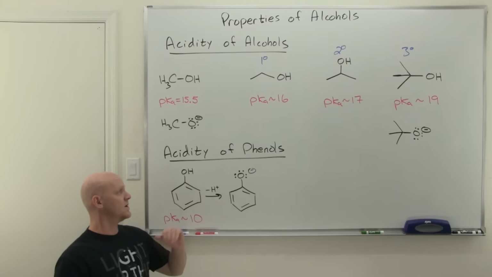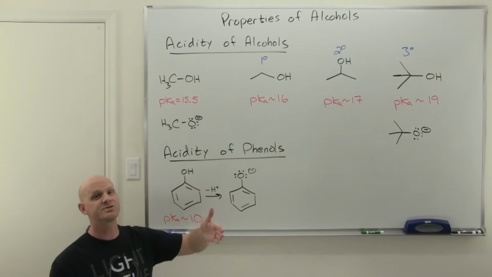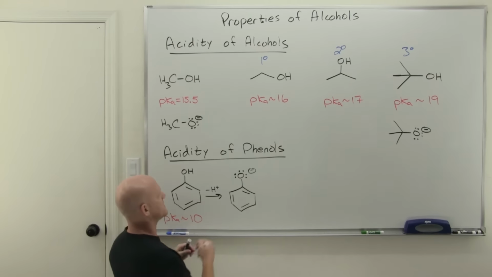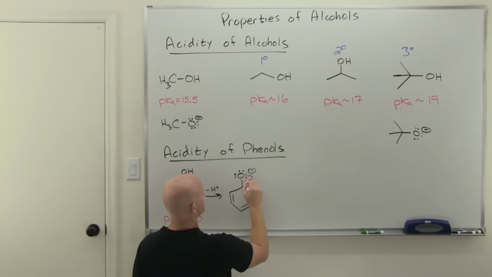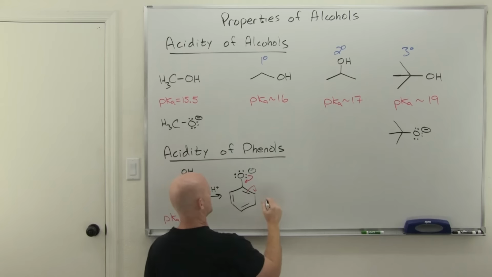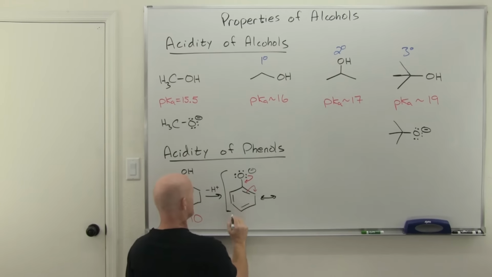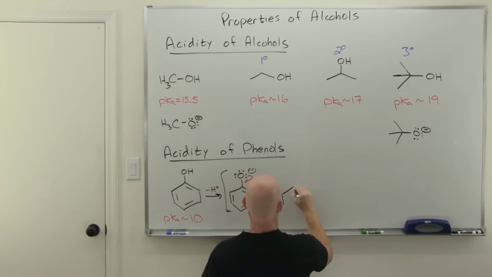The reason that phenols are more acidic than your typical alcohol is that the conjugate base is more stable due to resonance. So we can draw several resonance structures here, and this will have good value, and is definitely a place where we often expect you to know a little bit more about the acidity of phenols.